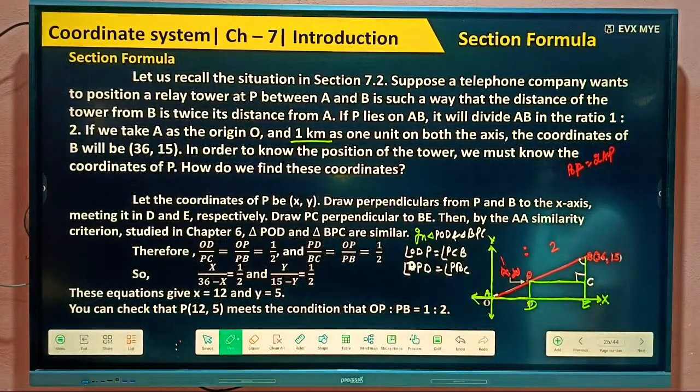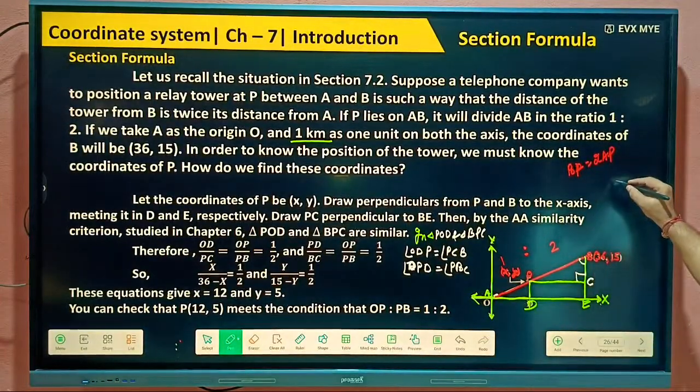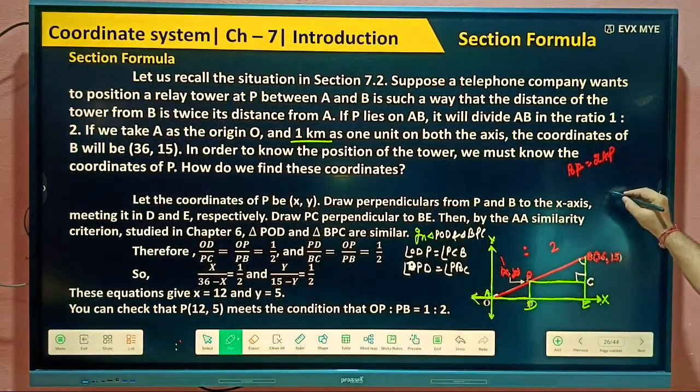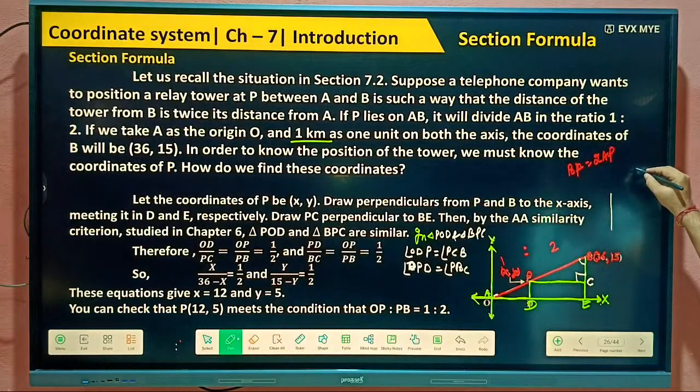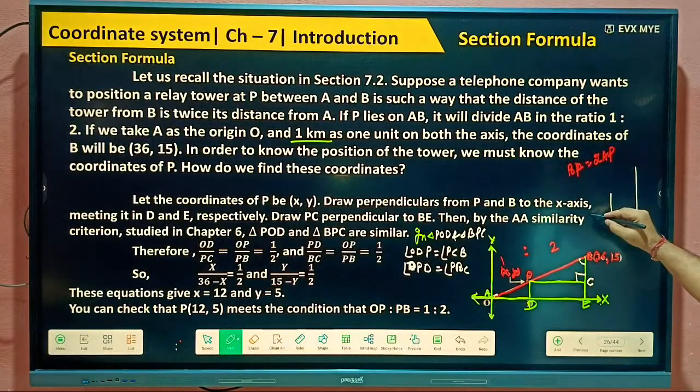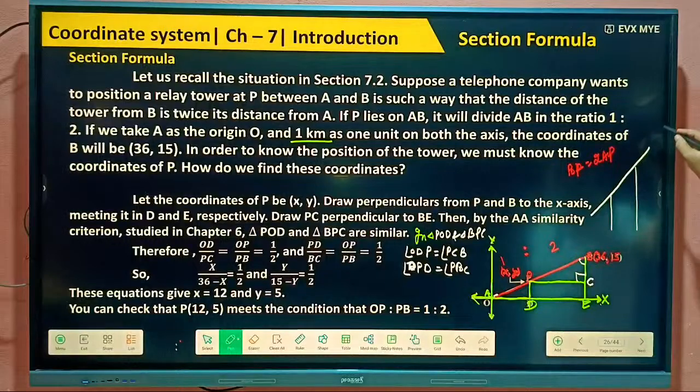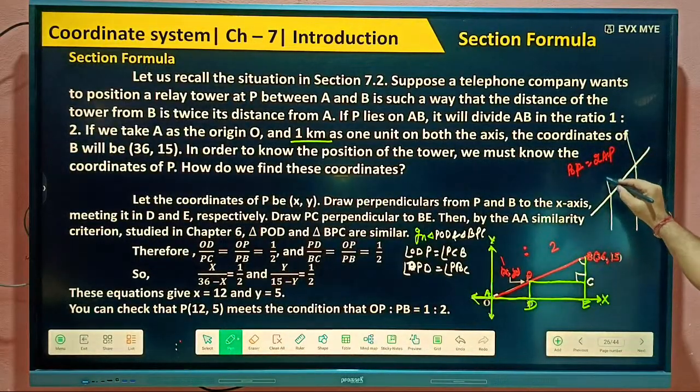Taking an example, one line is like this, another line is like this, and a third line crosses them. We can extend this.